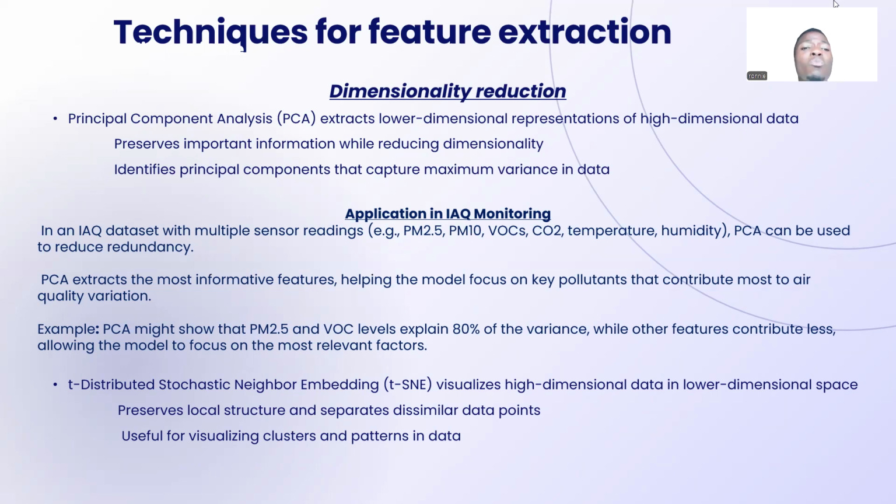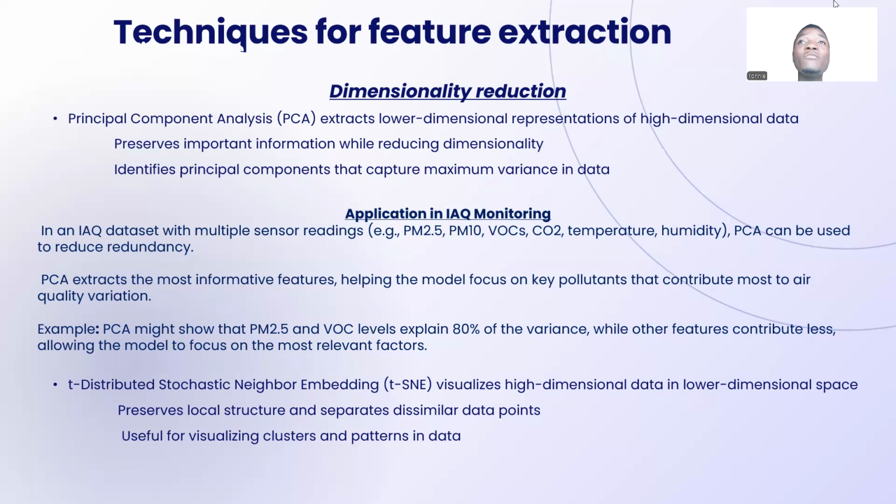Then the PCA extracts most informative features. As I said, we are dealing with air quality. What if we're just dealing with an environment as our domain? We didn't pick out the major indoor air quality. Remember, when we are talking about the environment within a household, a household has very many aspects. We can deal with air quality, we can deal with water quality. Now specifically we are dealing with the air quality.